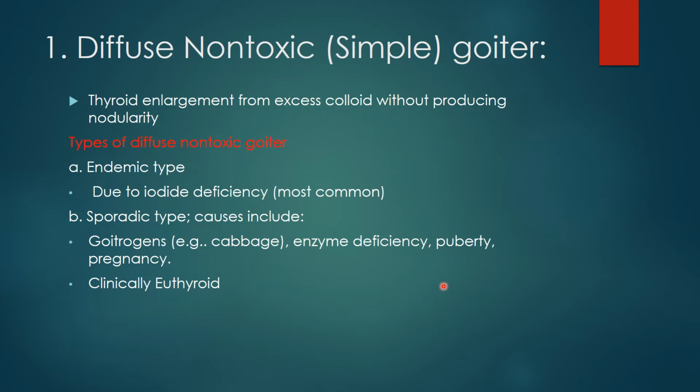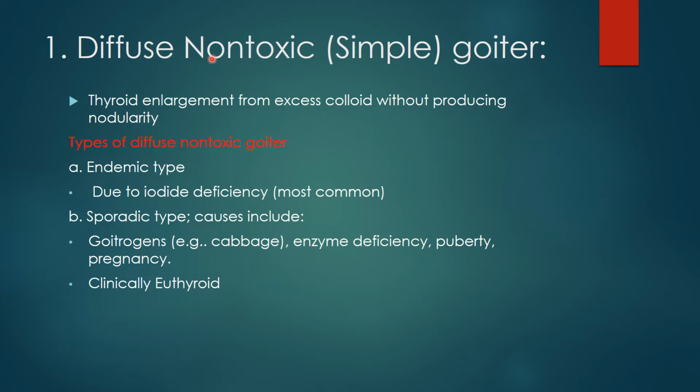So first of all, discussing the first type of goiter, that is diffuse non-toxic simple goiter. It is basically a thyroid enlargement from excess colloid without producing nodularity. Why is it called non-toxic? Non-toxic because there is no disturbance in the thyroid function.